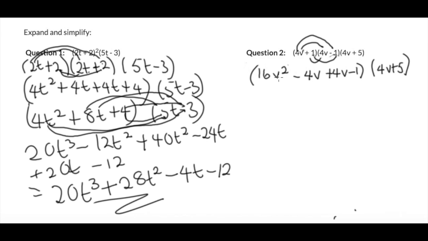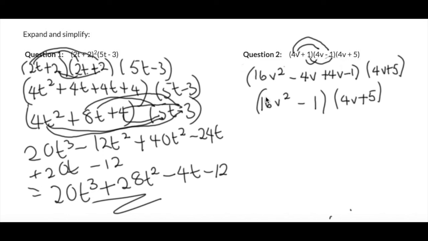Then you simplify this first, which is 16v squared minus 1, because minus 4v plus 4v is 0. Put that in brackets, then you open a new bracket, 4v plus 5.